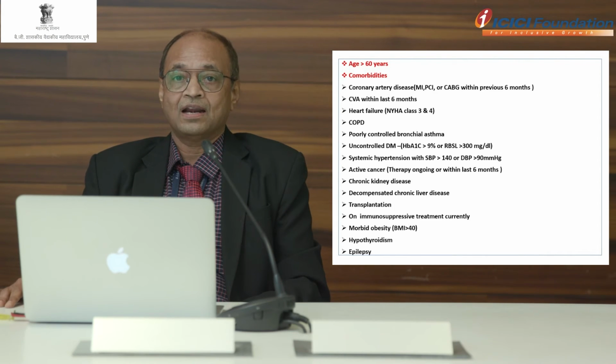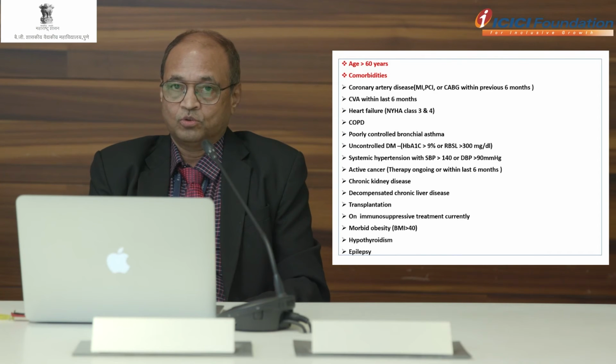If it is unrecognized and not diagnosed, mind well, the patient who is supposed to survive COVID-19 may die of this diabetic complication, diabetic ketoacidosis. So one should be very attentive as far as diabetes is concerned.